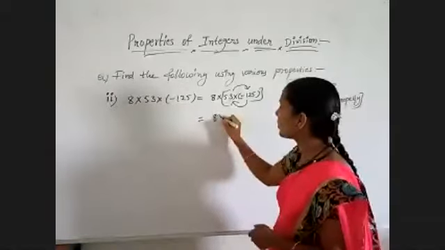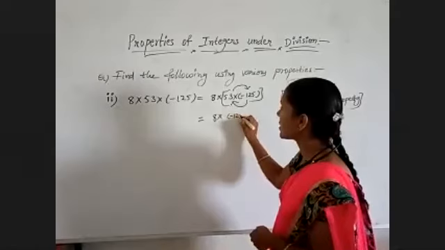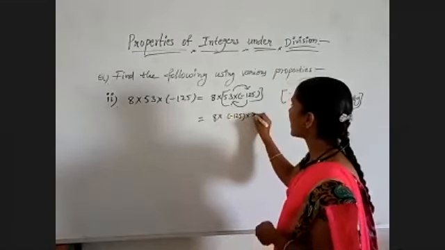So 8 into minus 125 is this side and 53 is this side.